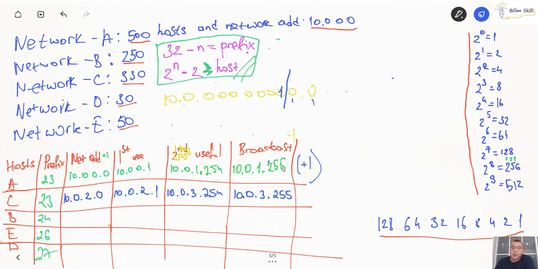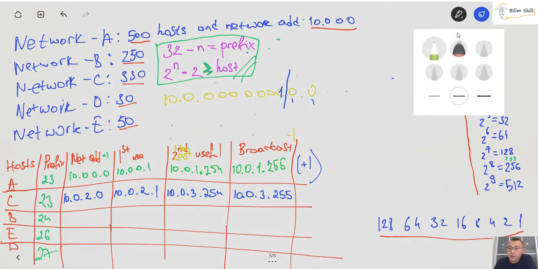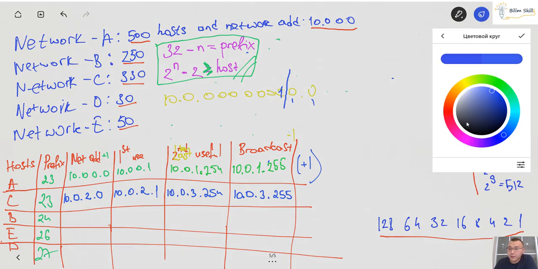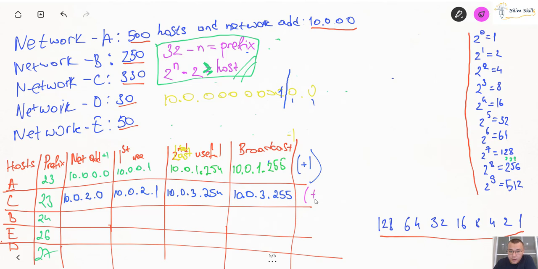Okay. And we are continuing to fill in the table, and we are adding 1 to find the network address of network B. The network address will be like this one, because we are adding 1 here, and it becomes 0, and 1 is moved to the neighbor octet.